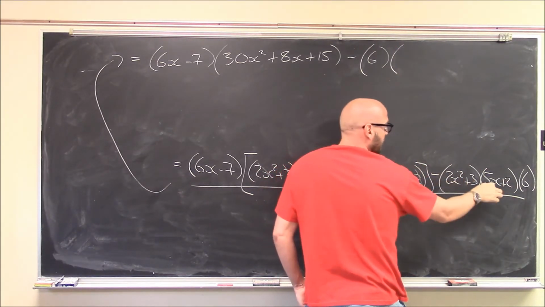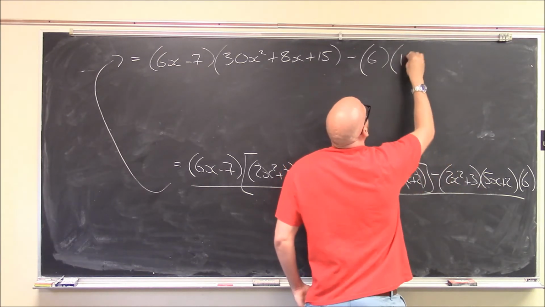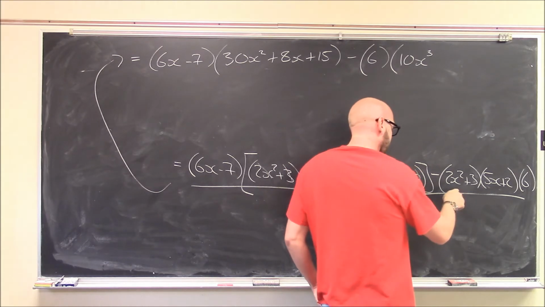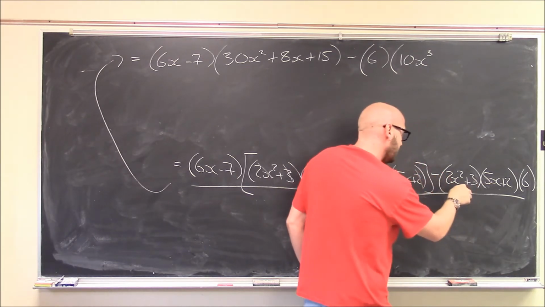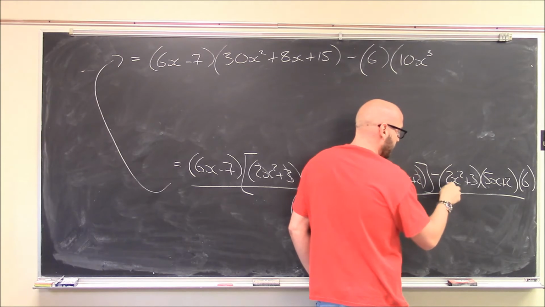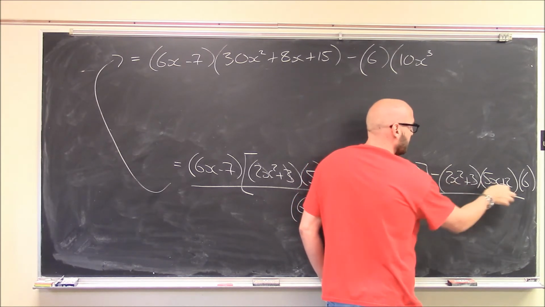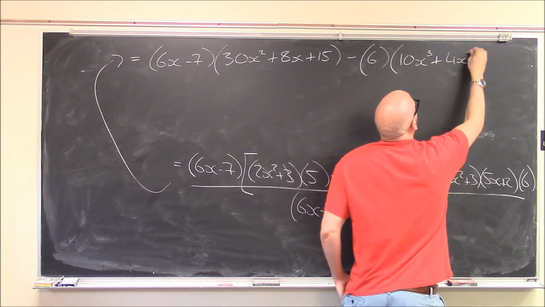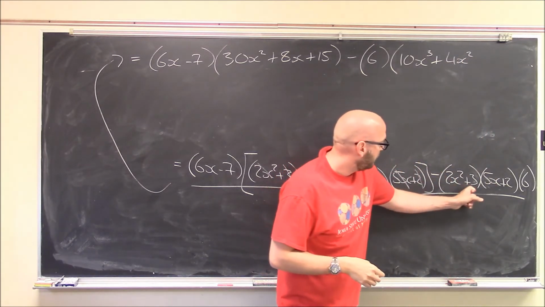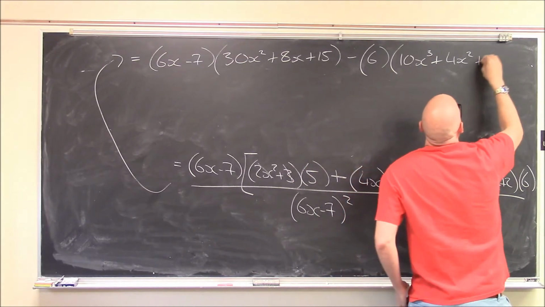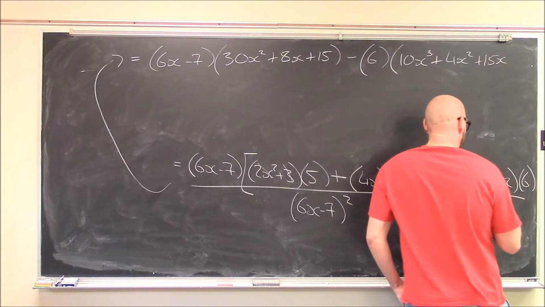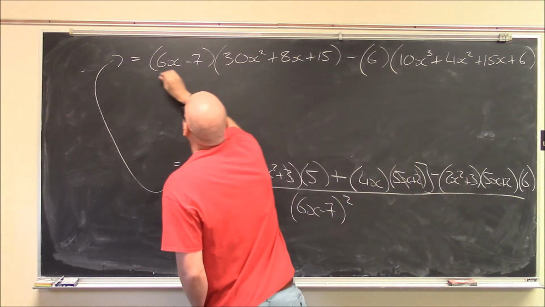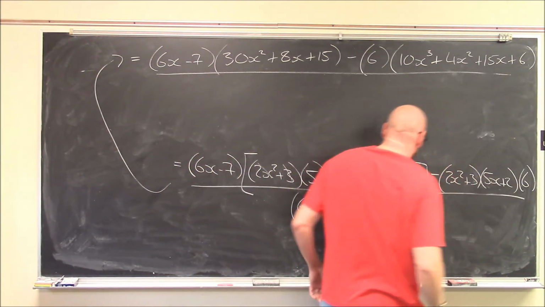We've got 2x squared times 5x is 10x cubed, plus 2x squared times 2 is plus 4x squared, plus 3 times 5x is plus 15x, plus 3 times 2 is plus 6. All over the bottom squared.